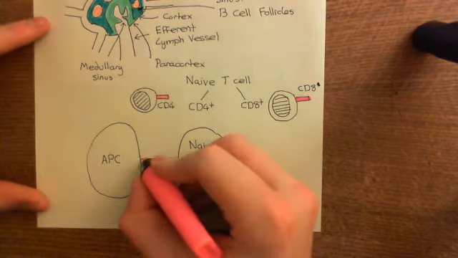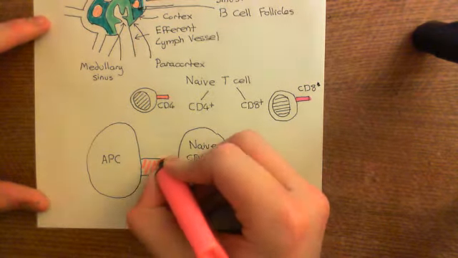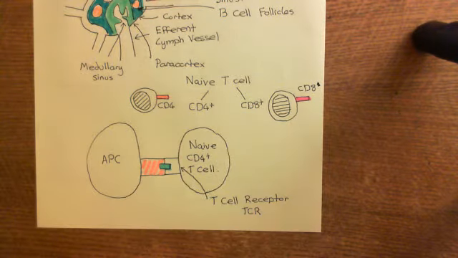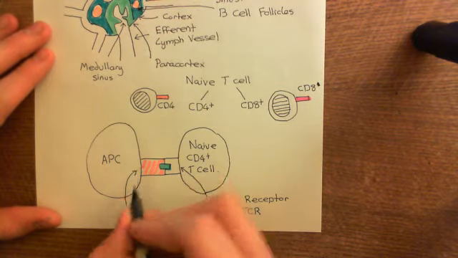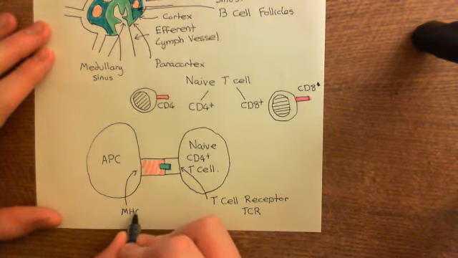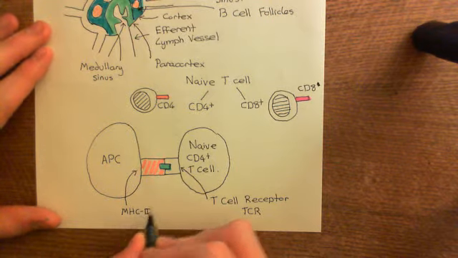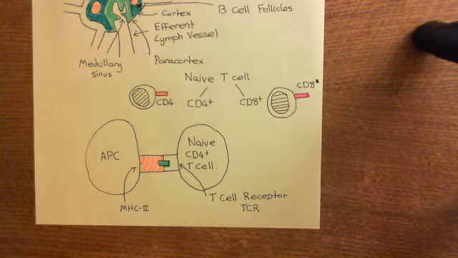Here is the MHC class 2 in red, and it's bound to that T cell receptor on the surface of the CD4 positive naive T cell. So this is MHC class 2, and this is the T cell receptor. What colour should I colour in the T cell receptor? I think I'll colour it in orange.